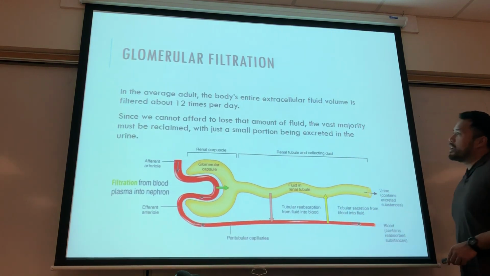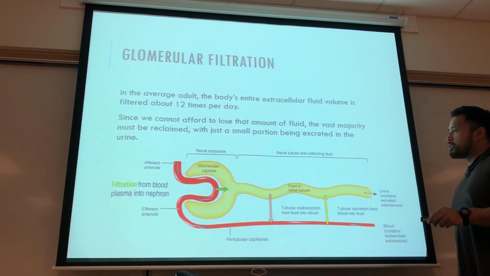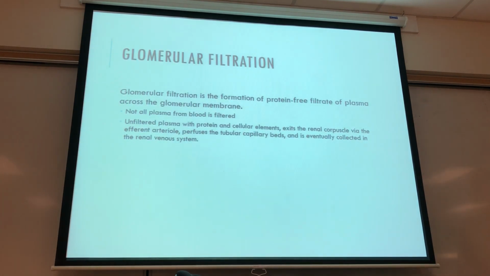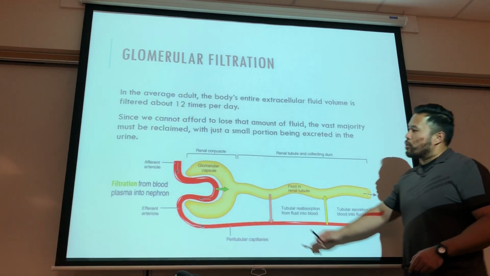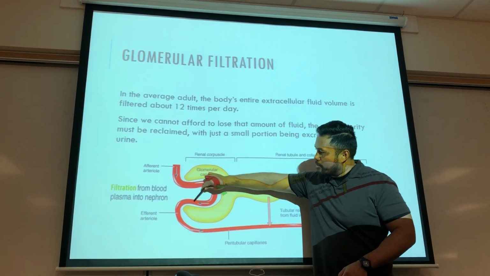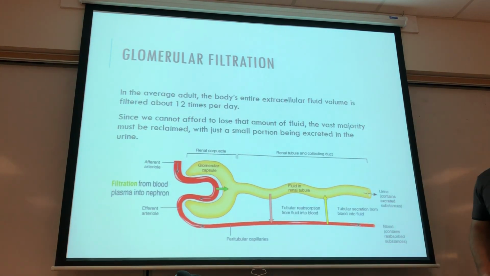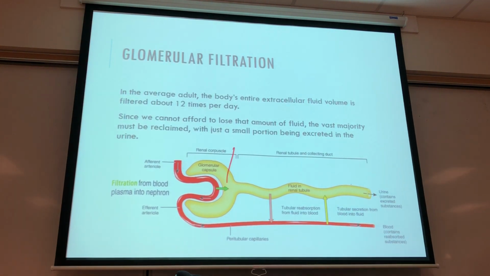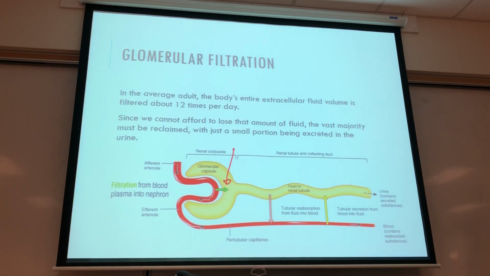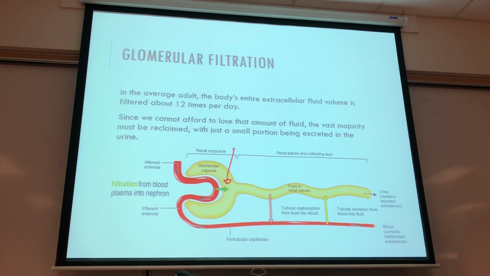That filtrate is stuff present in the capillaries that will make its way into the glomerular capsule, but not all the plasma from the blood is going to be filtered. We're going to push some fluid out, but the rest is going to make its way down the efferent arteriole. This first portion is called filtration, and filtration is the primary process by which the kidneys filter the blood.